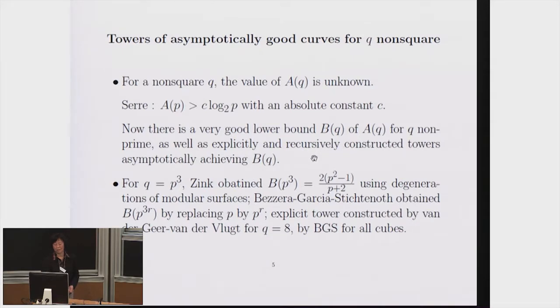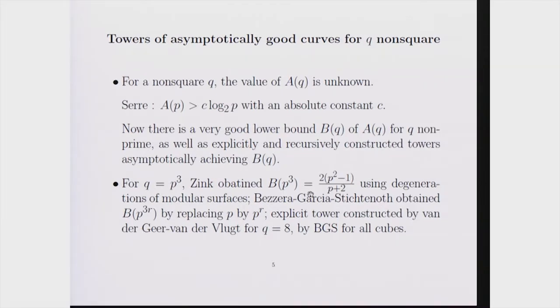The first such lower bound is given by Zink for the case q equals p cubed. His bound has the shape 2(p squared minus 1) over (p plus 2). He obtained that using degenerations of modular surfaces.